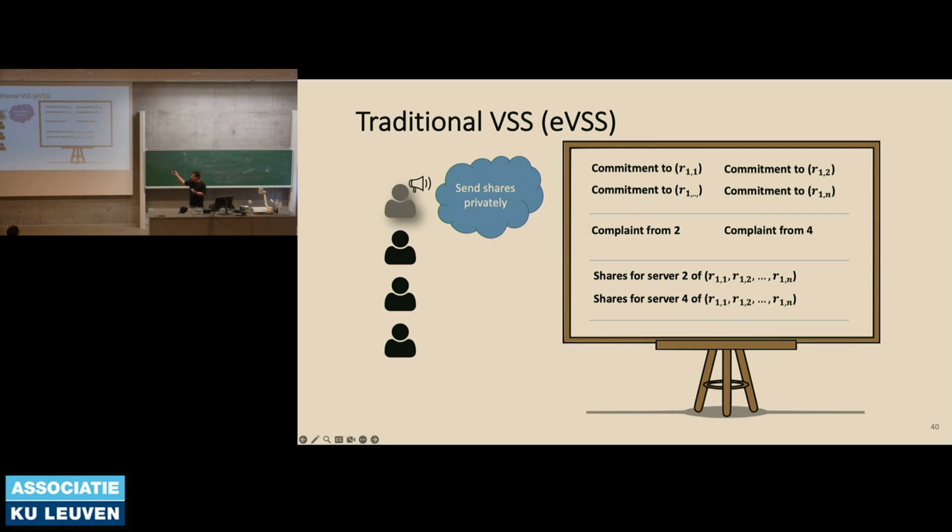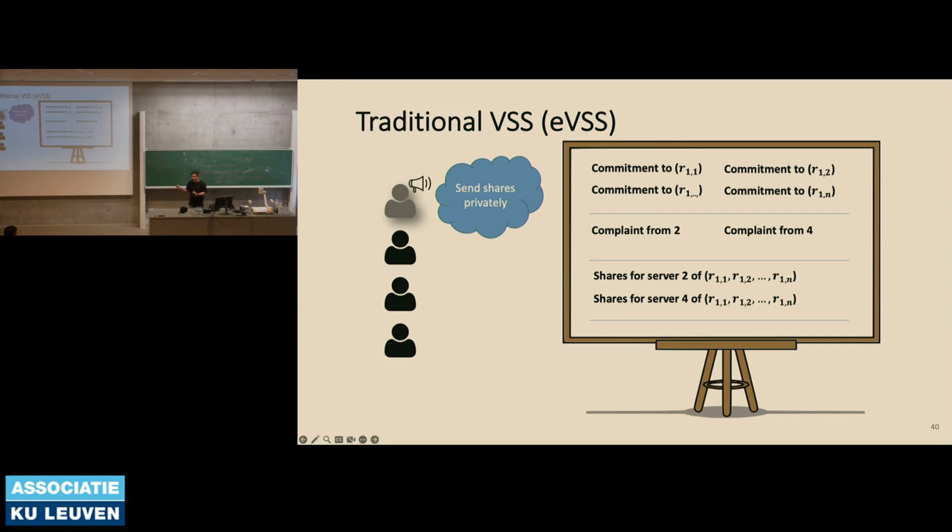Because if there are more than T complaints, you know that the server is dishonest, because one honest server has complained. So there is an ordering that has to happen. What if 2 is indeed honest and his complaint never appeared on the bulletin board? This is very dangerous, because then reconstruction cannot be guaranteed for up to half faults. So you need to ensure that all complaints from honest servers are there in the system.